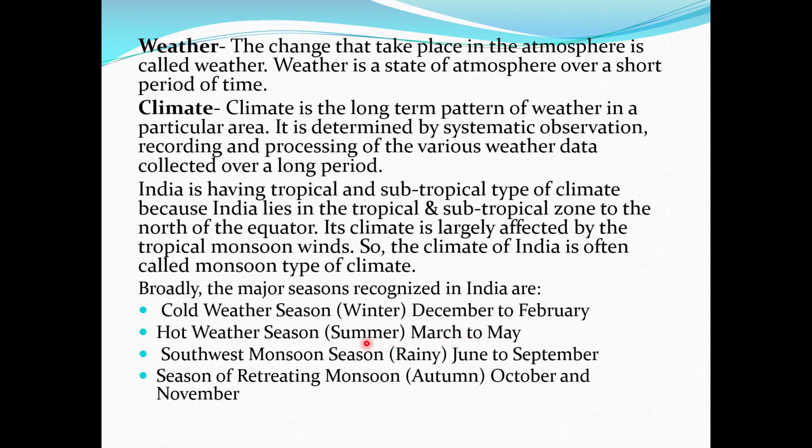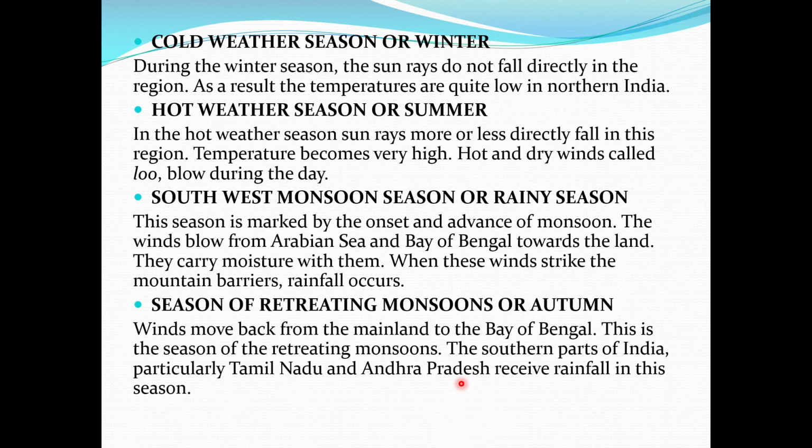And then comes the rainy season, because of the monsoon winds coming from the south, which starts from June and ends in September. Then there comes autumn, the season of the retreating monsoon, with winds coming from the west side, which starts in October and ends in November. Now I will explain the seasons one by one.